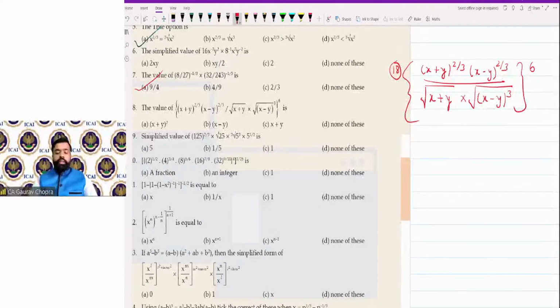Okay, so this is the question. Now there are two types of bases. One is x plus y, other is x minus y. So we have to bring the common base together.